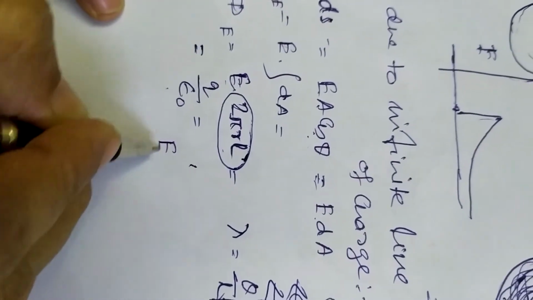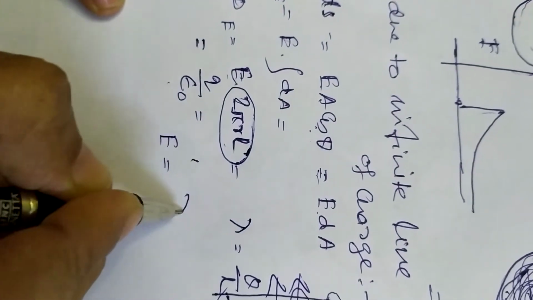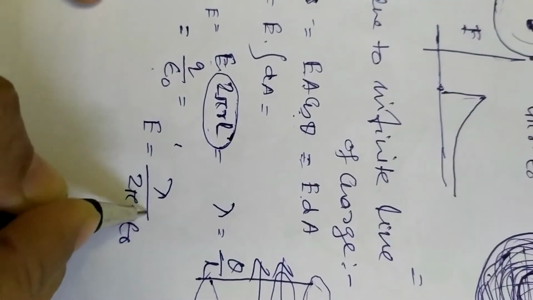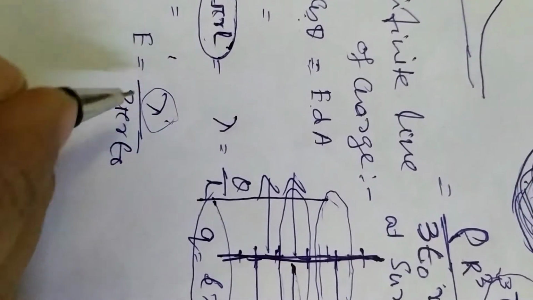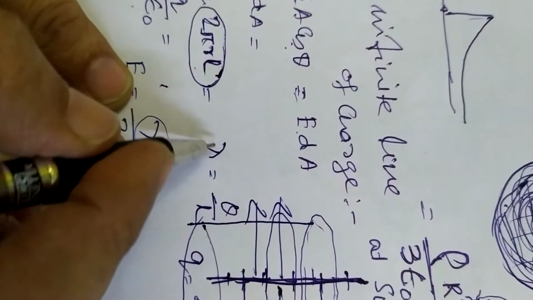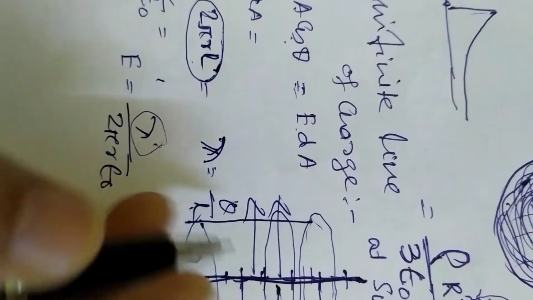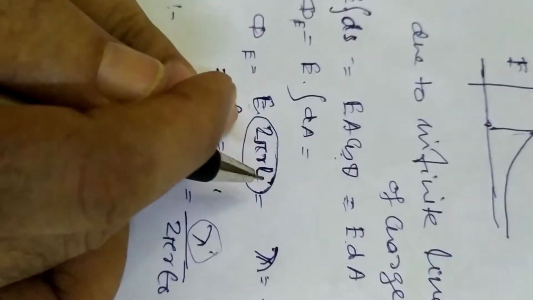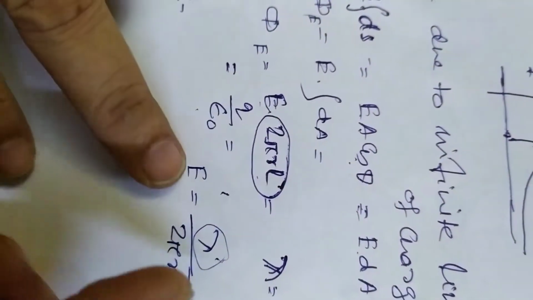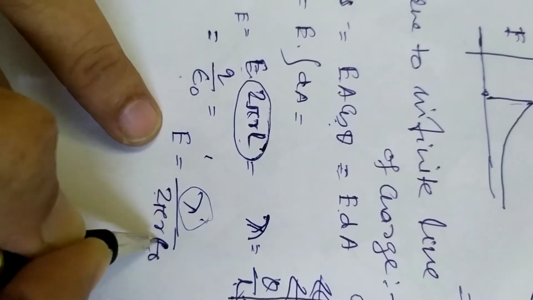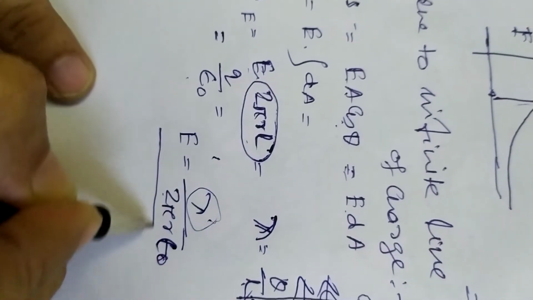So we'll be getting E equals lambda divided by 2 pi r epsilon in this way. What is lambda? We have written here, lambda is equal to the linear density of the charges, that is lambda equals Q by L. If we are substituting this value of Q here, L and L cancel, and we are getting lambda divided by 2 pi r into epsilon 0. So this is the intensity.